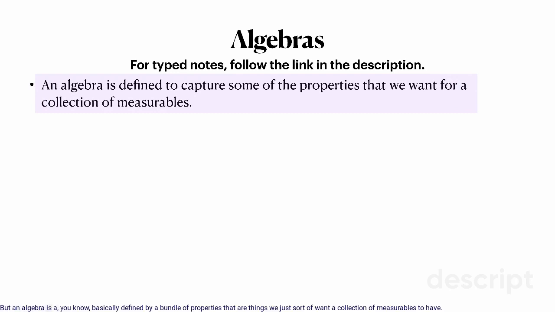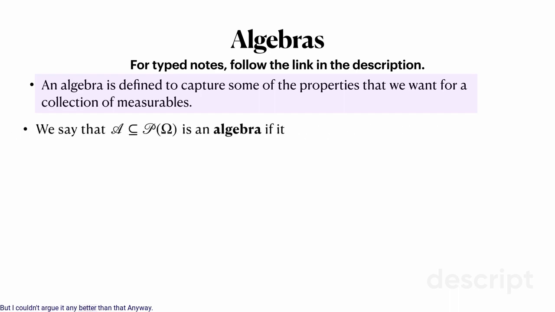But an algebra is basically defined by a bundle of properties that are things we just sort of want a collection of measurables to have. I don't know why we call it an algebra, by the way, just as a matter of nomenclature. There is something slightly algebraic in its feeling, I suppose, but I couldn't argue it any better than that.